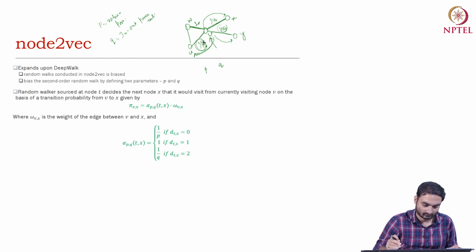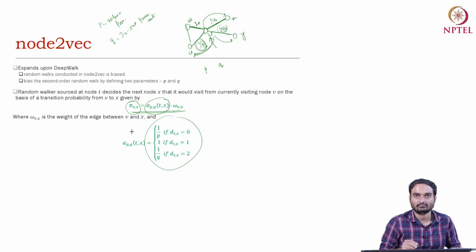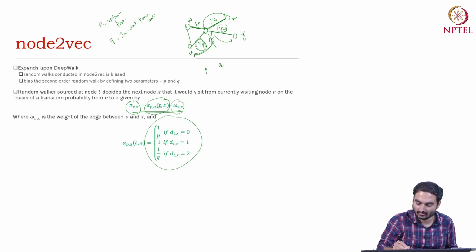Now, this is called node2vec. In the optimization function also, you incorporate this. This is your transition matrix, and as you see, this alpha is determined by this one, and W is the weight.